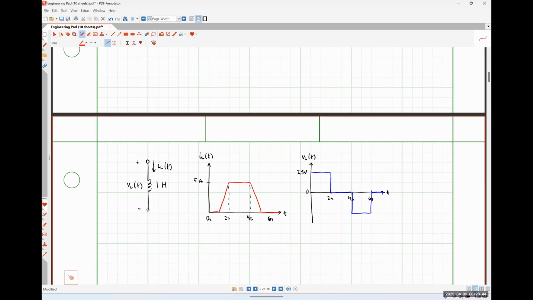So we could keep on playing with this over and over again until we got to a situation where our current instantaneously changed from 0 amps to 5 amps, like so. What would our voltage drop across our inductor be doing at exactly 2 seconds?